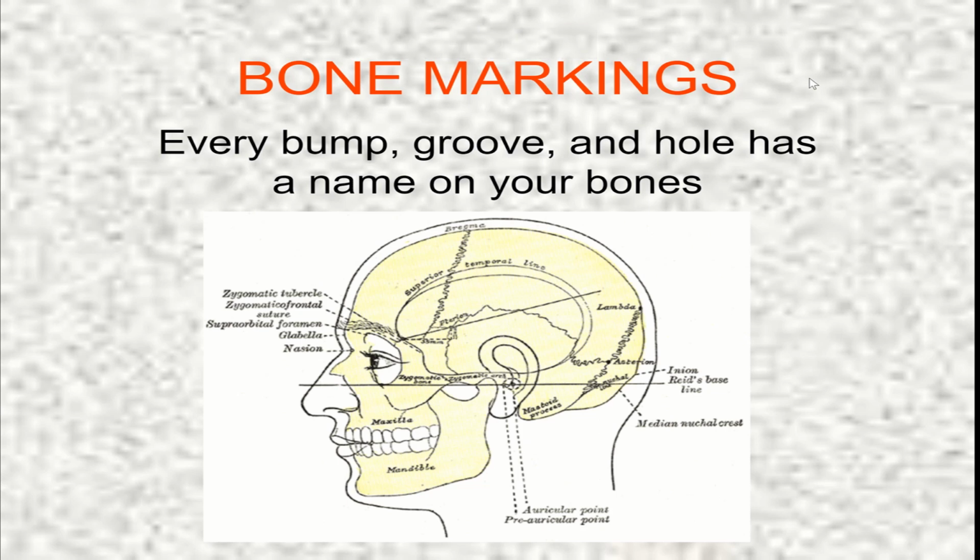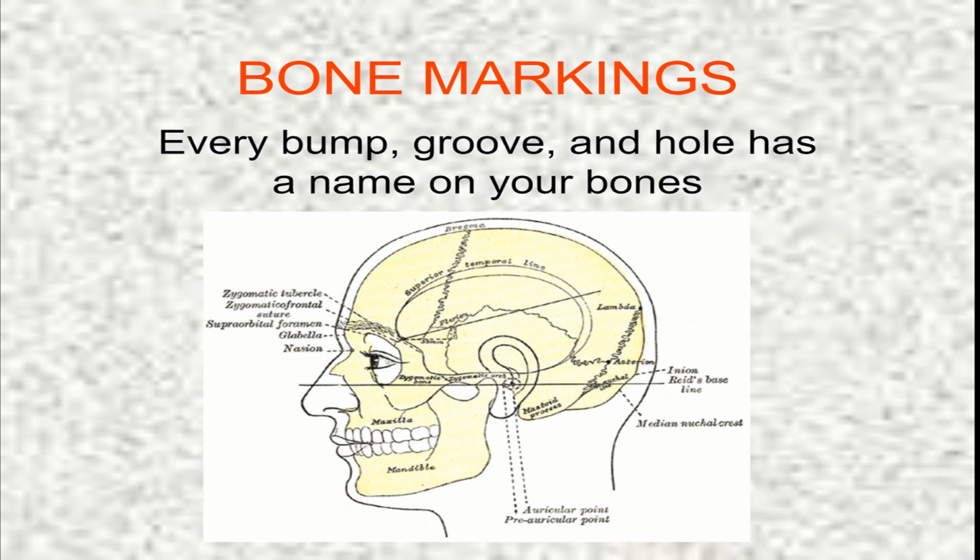So we're going to look at bone markings. And as you may have noticed, looking at the skeleton in class, or just touching your own hands or anything like that, you might have noticed that there are bumps on your skeleton, and each one of those has a specific name.